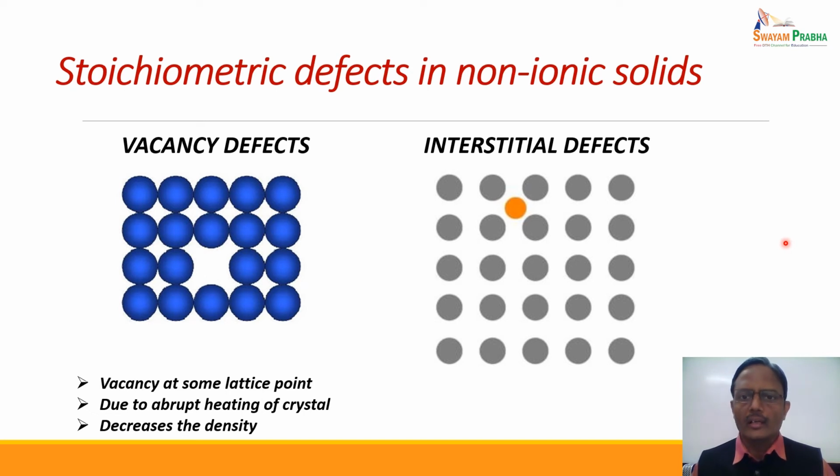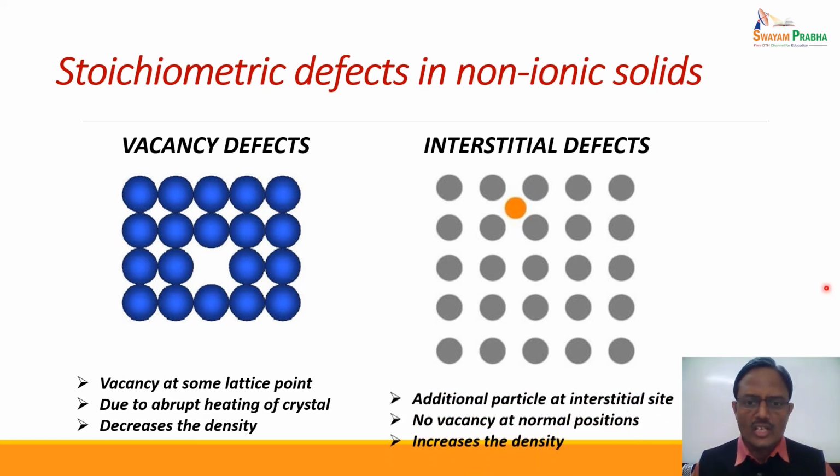Coming to another defect, that is an interstitial defect. This is possible when there are large interstitial spaces available for the atoms to migrate. If an extra atom is present in the interstitial positions, then such a defect is called an interstitial defect.